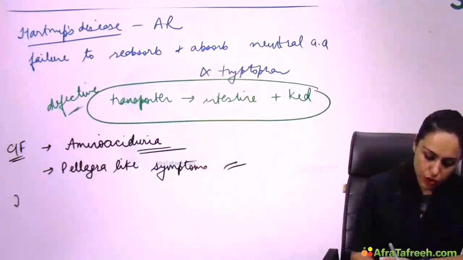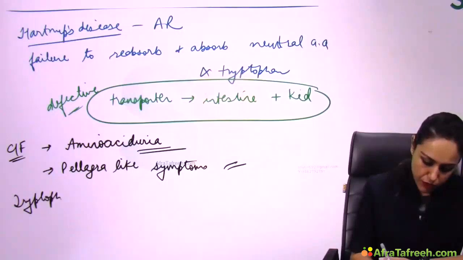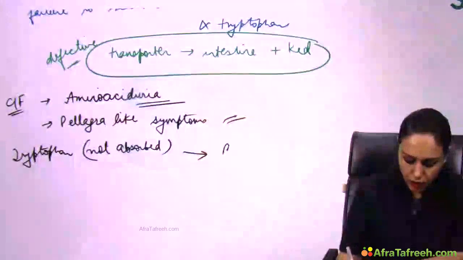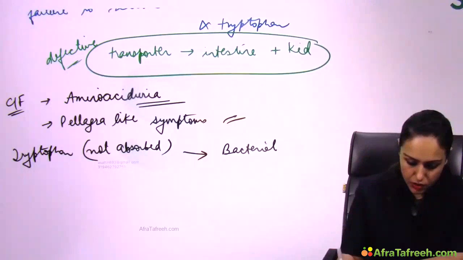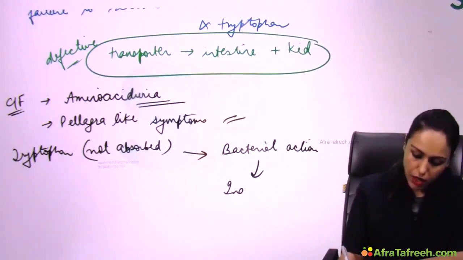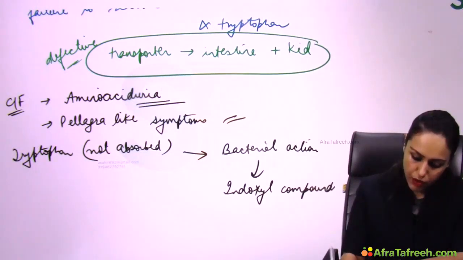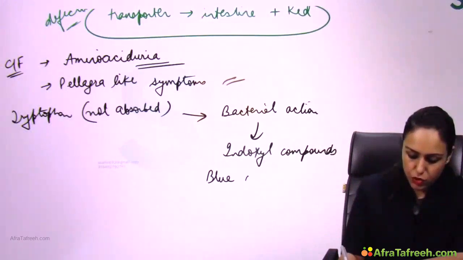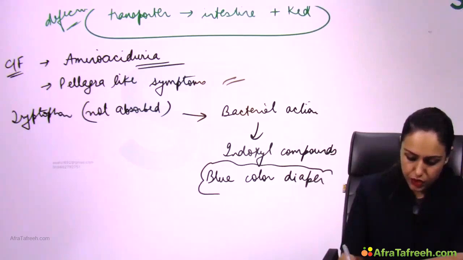And also the tryptophan which is not absorbed from intestine, in intestine, it will be taken up by bacterial action. In intestine, bacterial action occurs on this, and indoxyl compounds are formed here, which is responsible for giving blue color to the diaper of these patients.